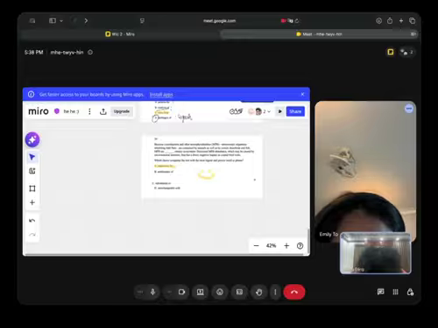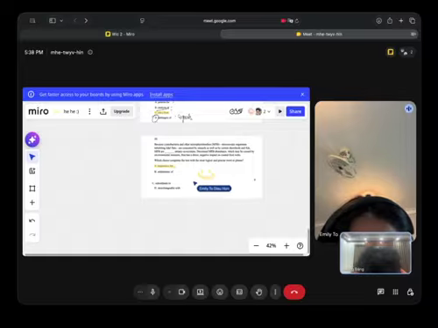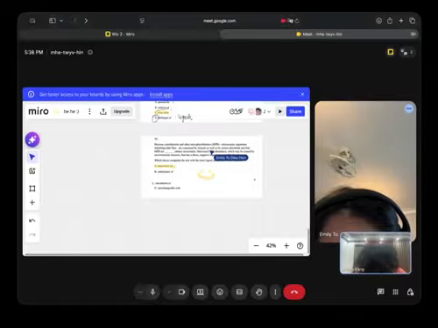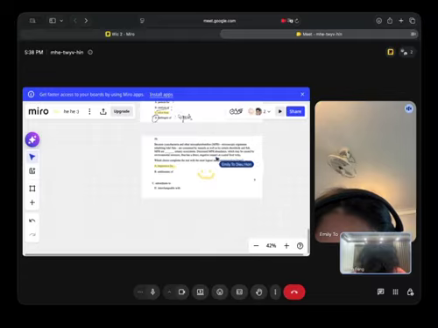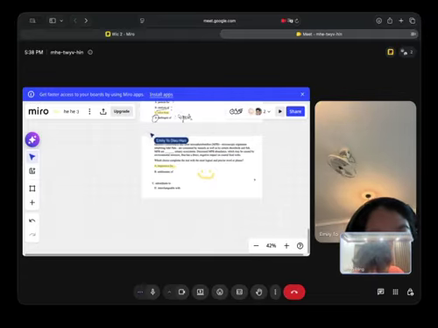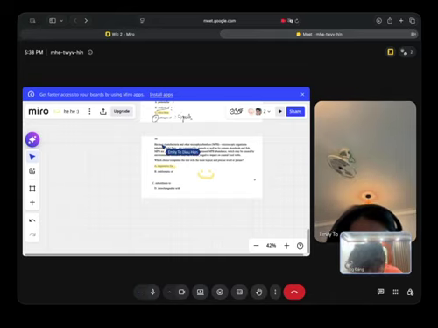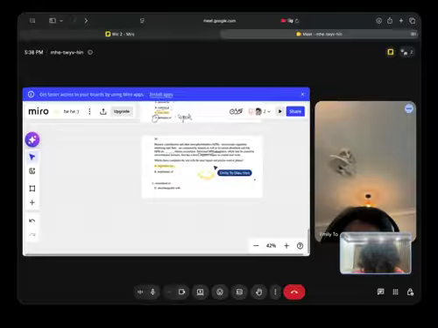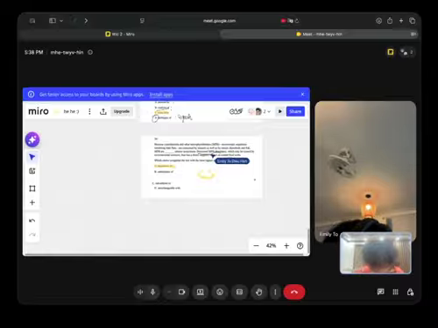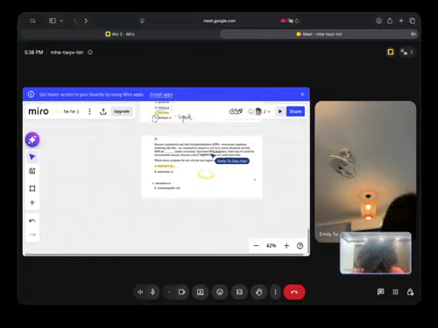Because it says degrees of MPB has a direct negative impact on coastal food webs. So do you know what this kind of sentence is called? It's called counterfactual.